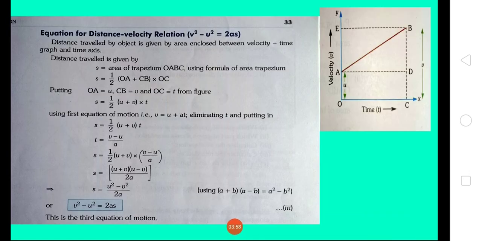So come back to this equation. Here we have S equal to half into u plus v into t. Now using the first equation of motion, which is v equal to u plus at, we are going to find t.